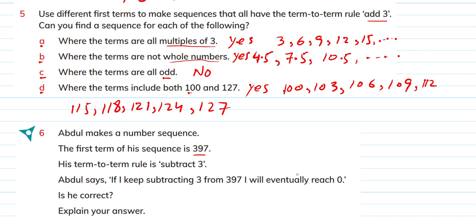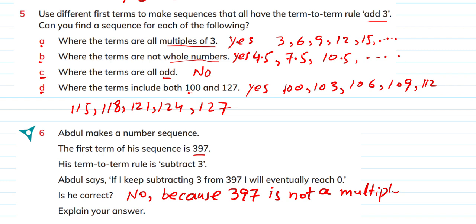So now, if I keep subtracting 3 from 397, I will eventually reach 0. Is it correct? So say no. What is the reason? Because 397 is not a multiple of 3.